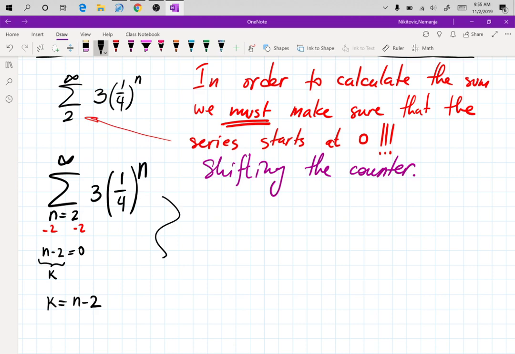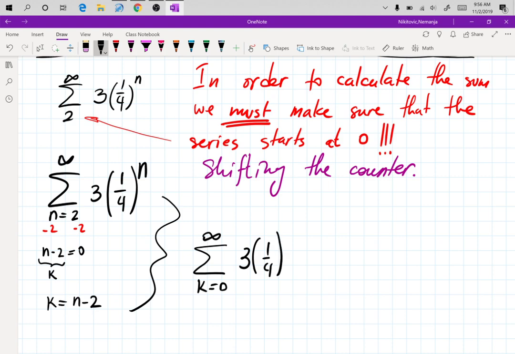So now, all of this tells us that the new series is k equals 0. Because I subtracted 2, I got n minus 2 equals 0, and I'm renaming n minus 2 into k, so k is 0. And I have my 3, and I have my 1/4, but now I am changing all n's with k's.